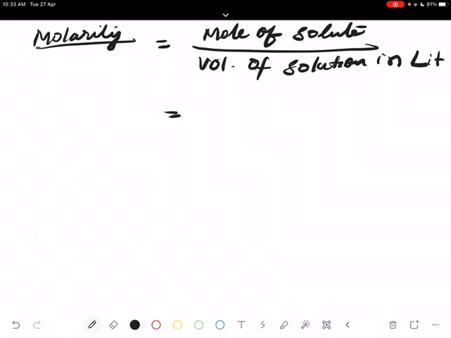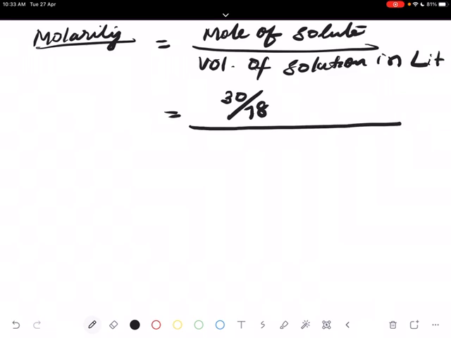So first you have to find out the moles of the solute. In the previous numerical, what is the moles of the solute? That is 30 upon 78, right? Moles of solute.